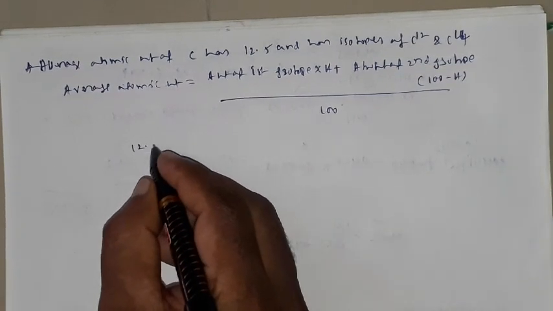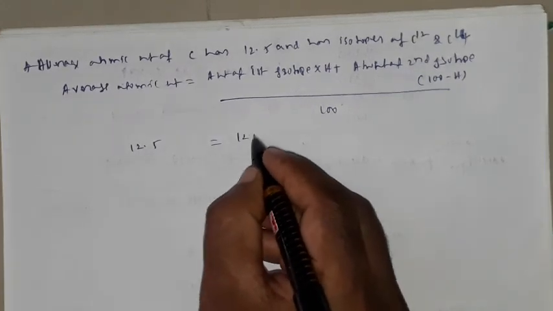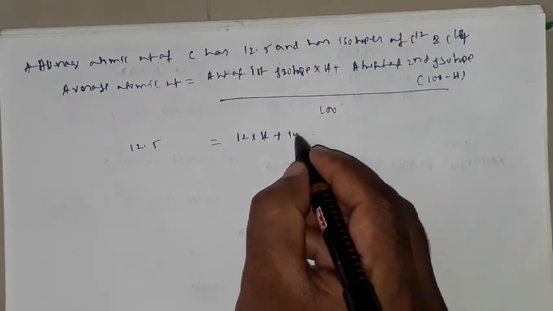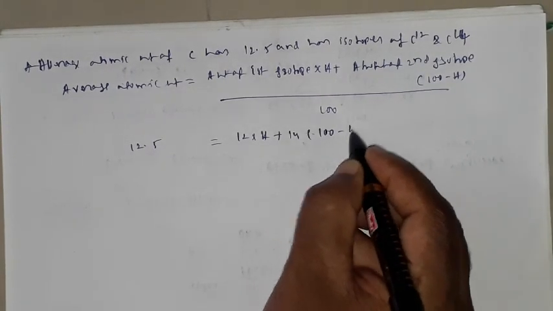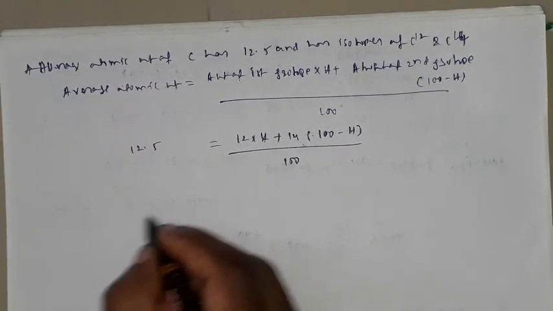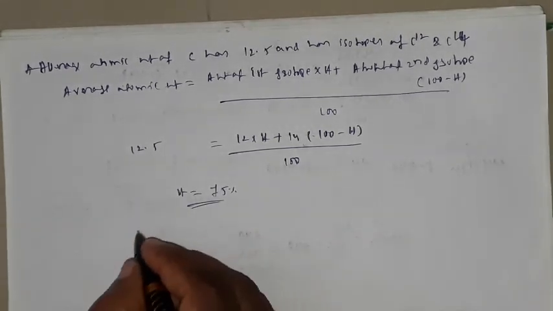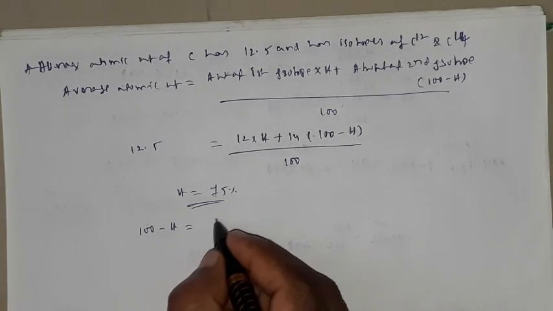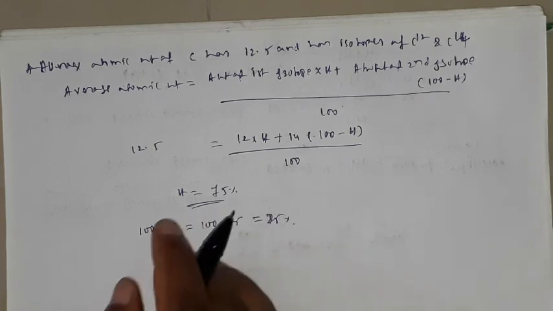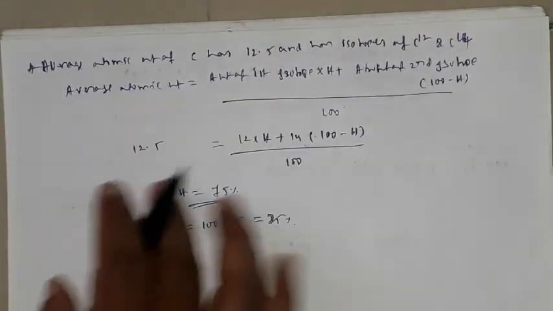In this case 12.5 equals 12 into H plus 14 into 100 minus H, by 100. Then H is 75%. Then 100 minus H equals 100 minus 75, which is 25%. Okay.